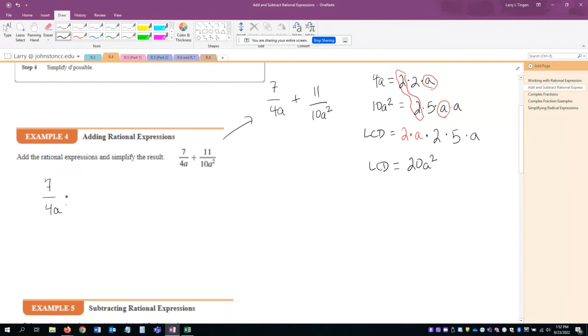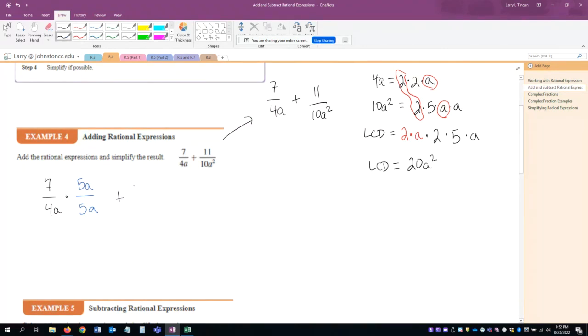So to multiply by 1, I have 4a, I want 20a squared. Well, to get 20a squared, 4's got to be multiplied by 5 to get 20. A's got to be multiplied by a to get a squared. If I do it to the denominator, I have to do it to the numerator, because here's the other main trick we use in math. This is a clever way of multiplying by 1.